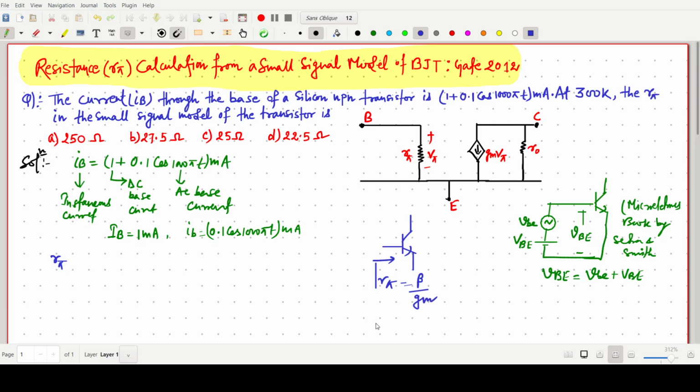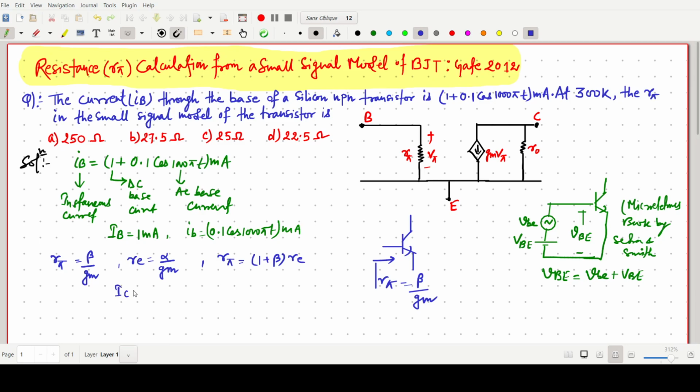We know this formula. You have to use some very important formulas, like R pi equals beta by Gm, and Re equals alpha by Gm. This question will take 1 minute, but we have to know these formulas, and there is a relationship between R pi and Re: R pi equals beta plus 1 times Re.